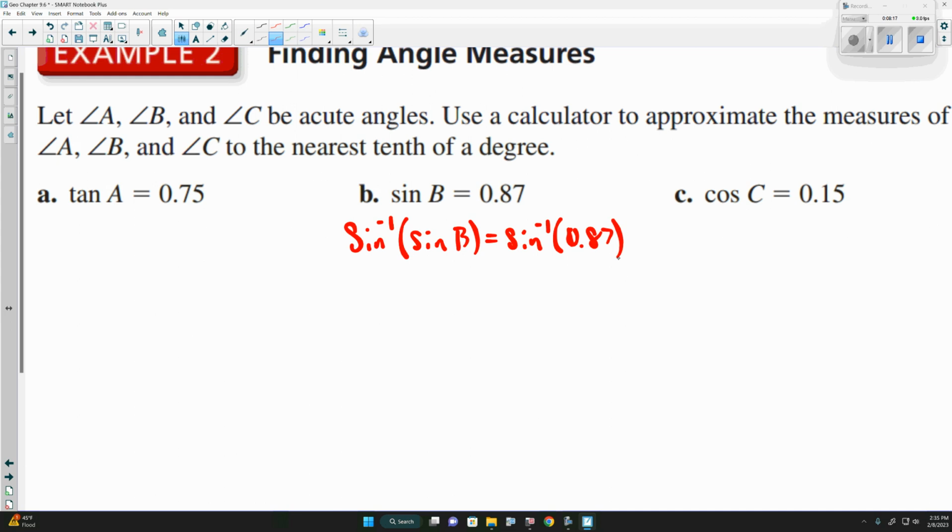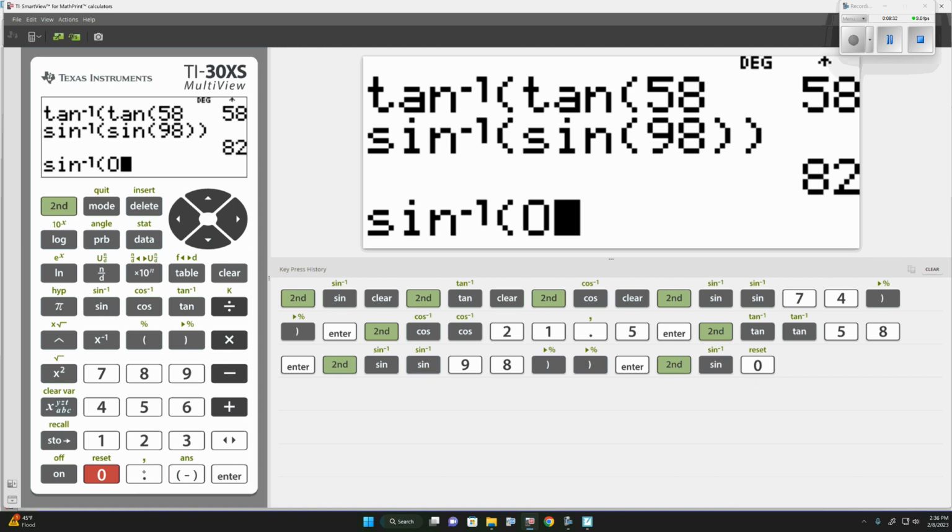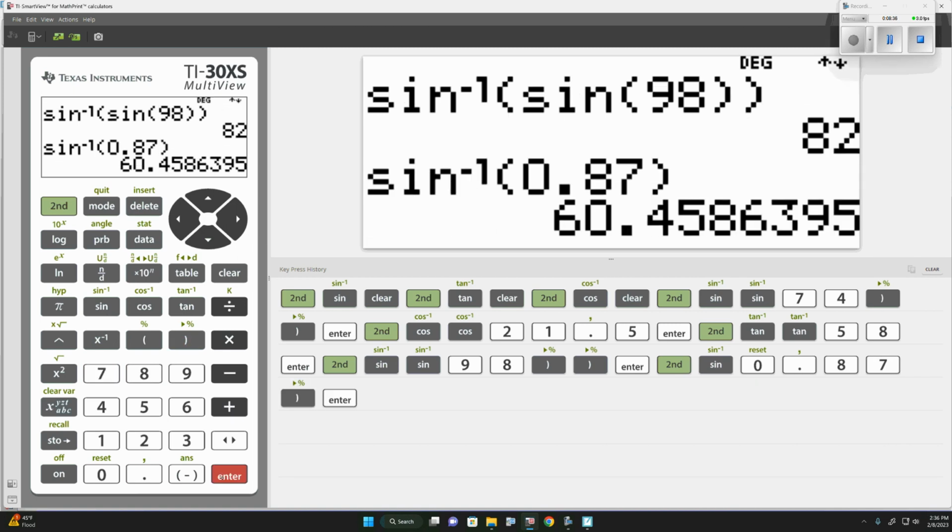Sine inverse of sine of B is just B, which tells us B is equal to sine inverse of 0.87. In the calculator, we can do second sine inverse of 0.87 and get 60.458, or if we round to the nearest tenth, 60.5.